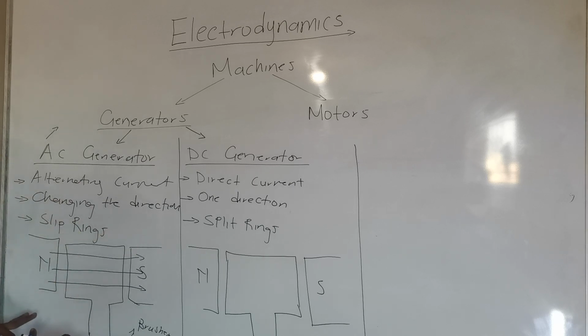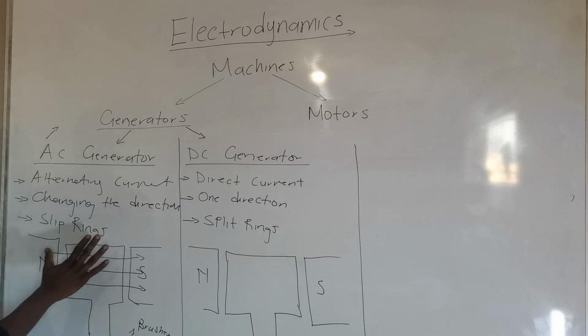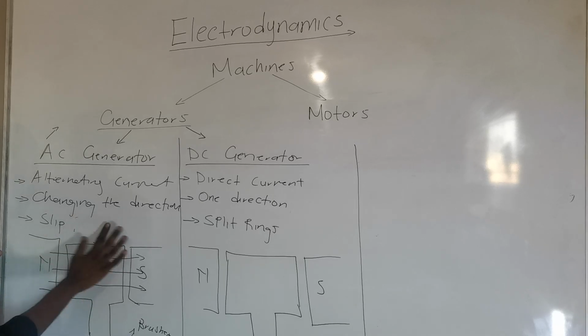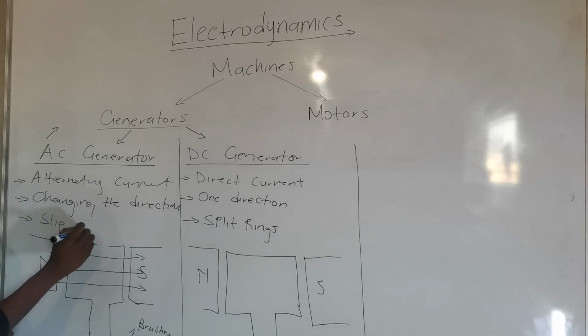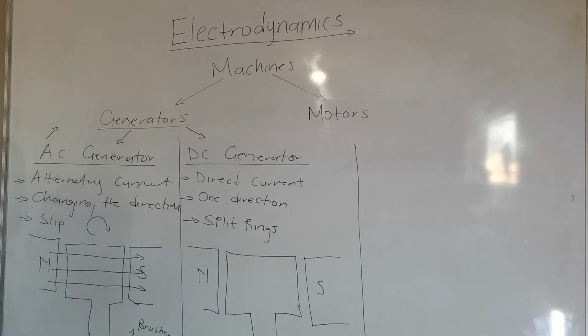So what do we have here? Now we know the direction of the magnetic field. So let us put in another one, the direction of the rotation. Let's assume it is rotating clockwise.